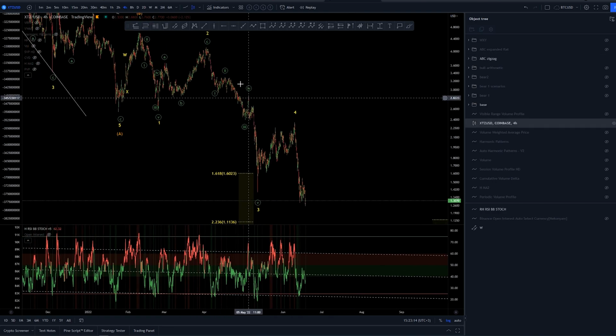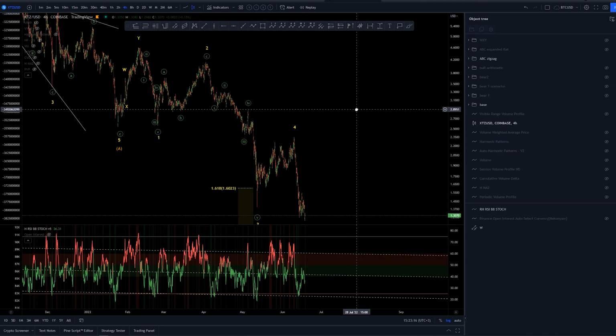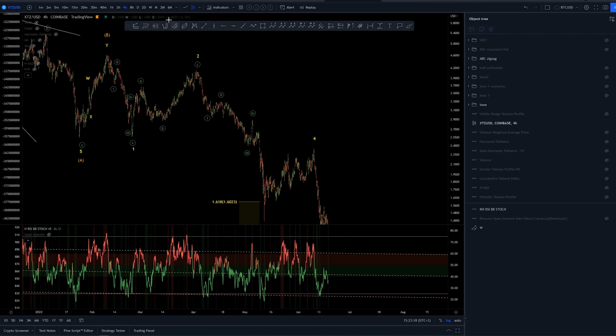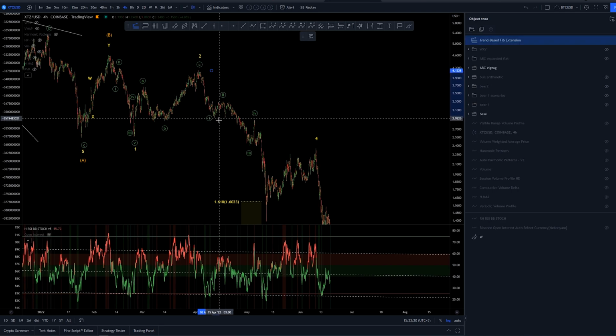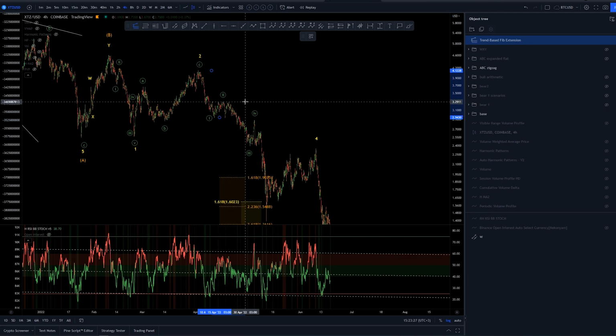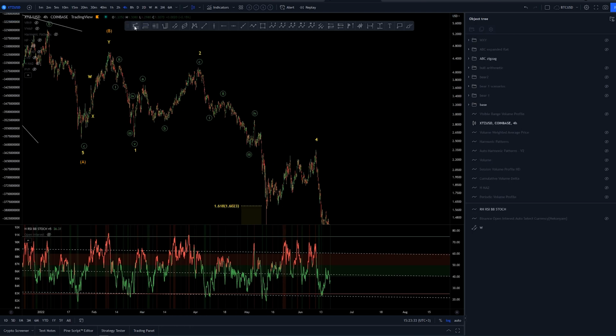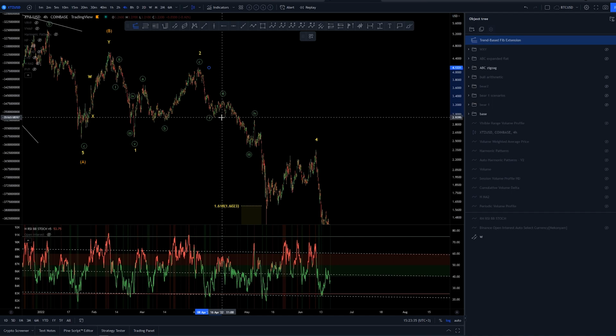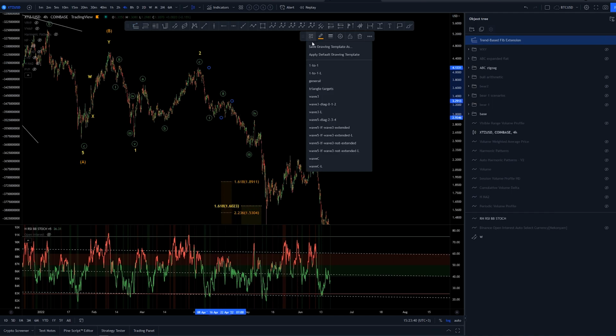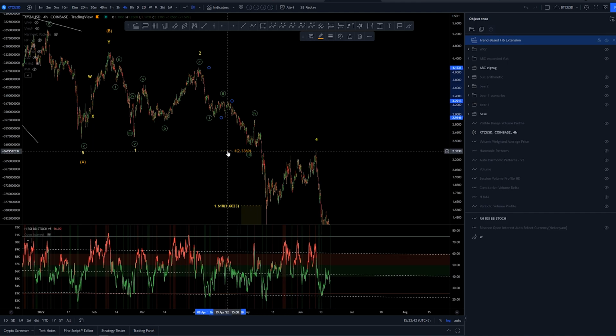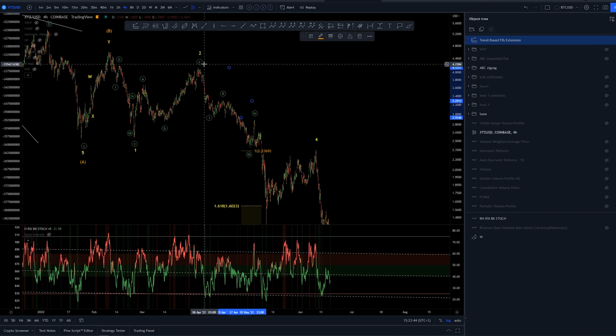However, this structure here in the middle for the wave 3 is a bit problematic. Let me explain. When we are placing this Fibonacci extension, we have to place it not from here, because if we are pivoting it like this, we can see 1 to 1 is here, meaning that wave 1 is larger than wave 3.